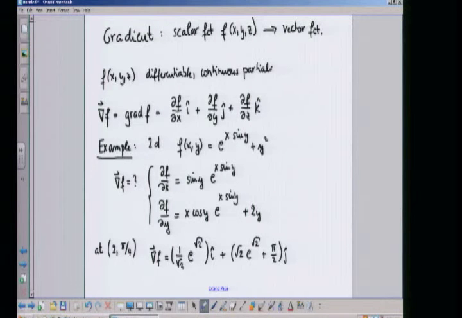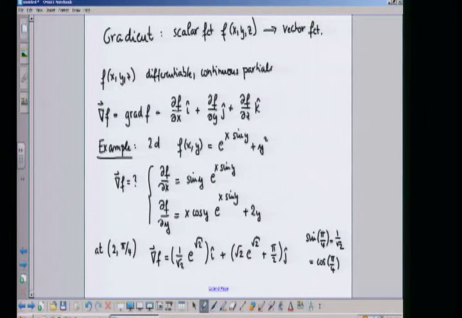And this multiplies j. So this would be the vector that represents the gradient of f evaluated at this particular point. And let me write down sine of pi over 4 as 1 over square root of 2. And this is the same as cosine of pi over 4.